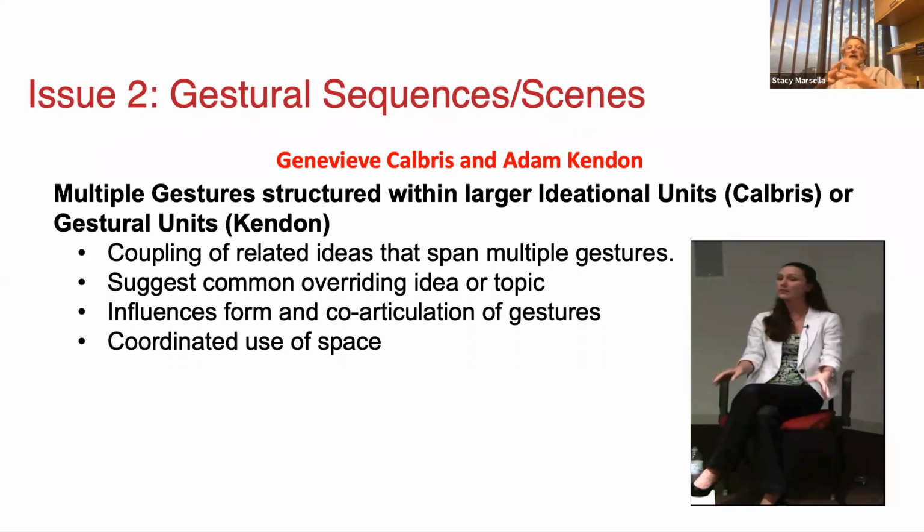It's often about the coupling of related ideas that span multiple gestures. And so you get these ideational units that span some common overriding idea or topic. The gestures are related to each other in this space that's being constructed in gesture space, and this tends to influence the form of the gestures and how the gestures are co-articulated.